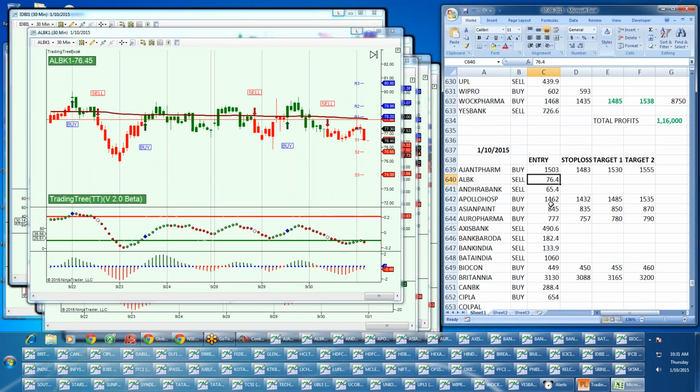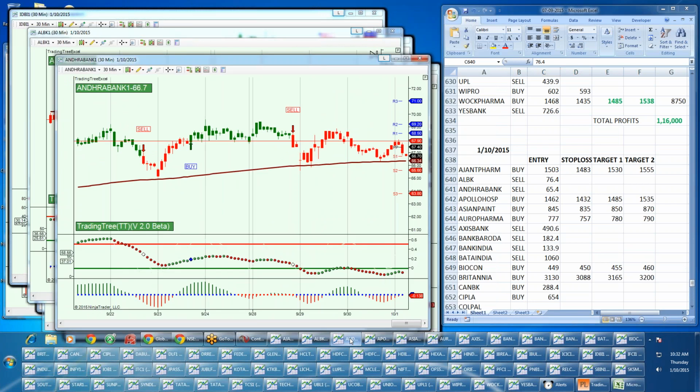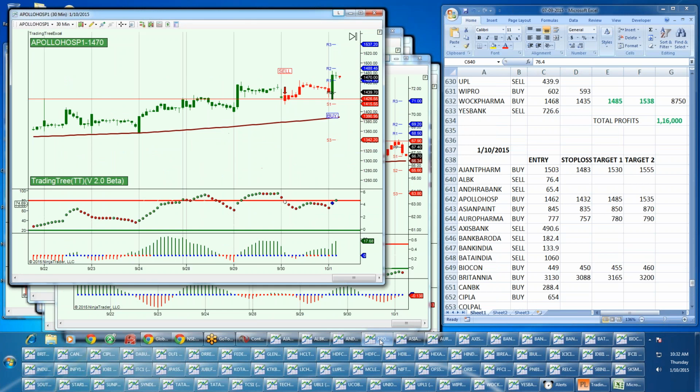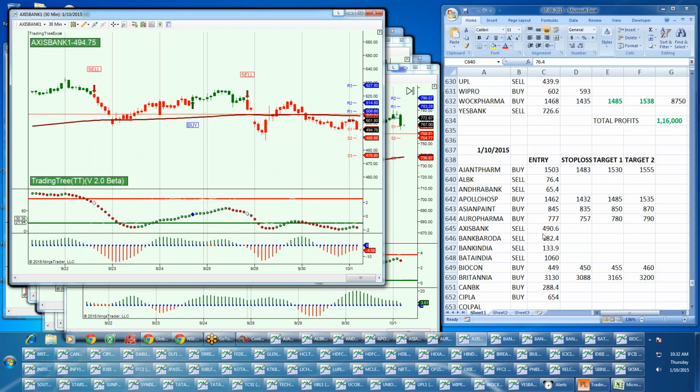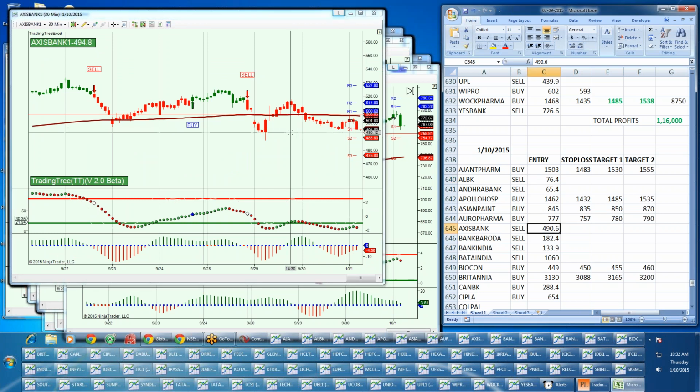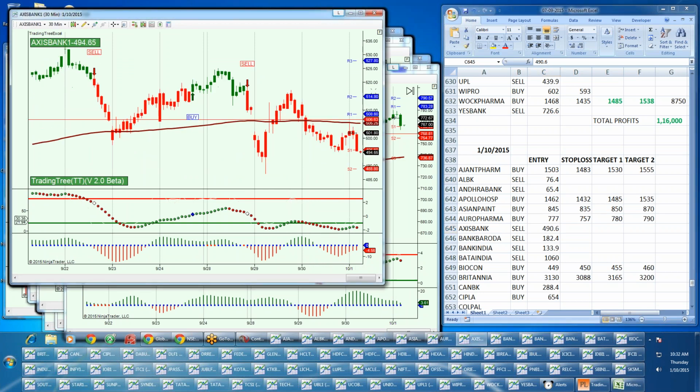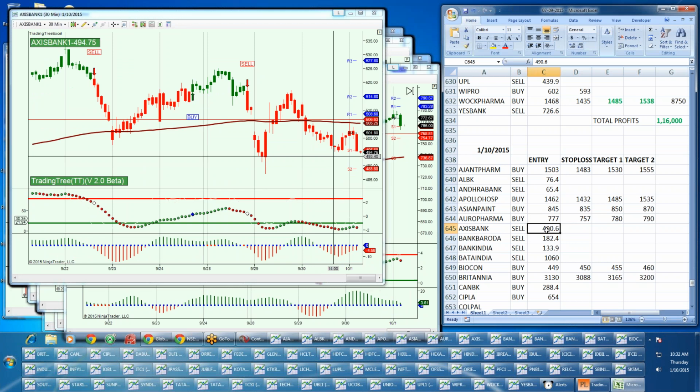So your ALBK is in profits, sell call. You can short Axis at 493.40. Five not two will be the stop loss.